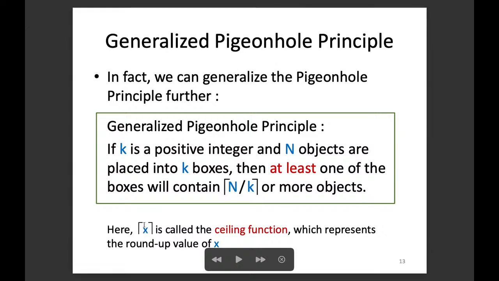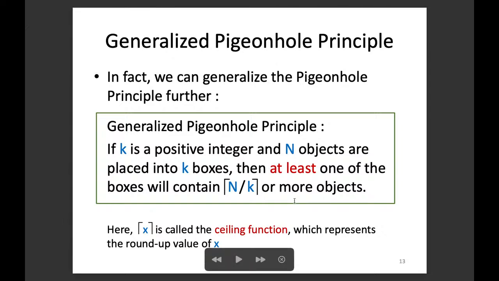This notation is called the ceiling function. If I have an integer or a real number x, we can take the ceiling function of x to be the integer that is greater than or equal to x, the smallest one that is greater than or equal to x. Or you can simply say it is rounding up x to the closest integer.